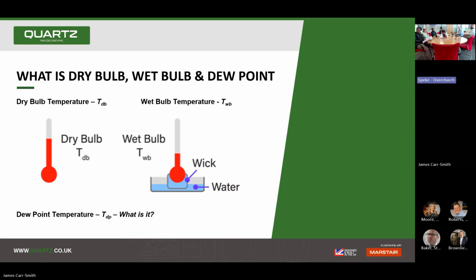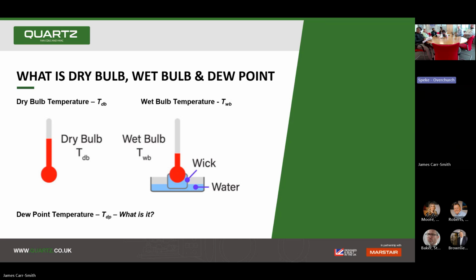The dew point is the point at which the amount of moisture in the air becomes 100% saturated, and that happens to be about 12 degrees. So you've got 50% moisture in the air, everything is fine. It cools down to 12 degrees, that humidity is now 100% saturated, and anything below 12 degrees means it can't hold on to that moisture any longer, and it gives it up as a condensate.